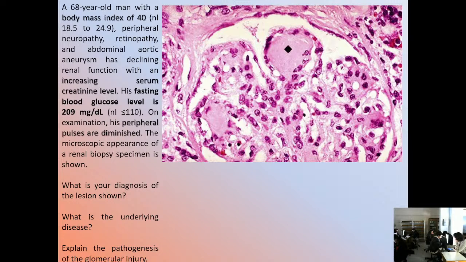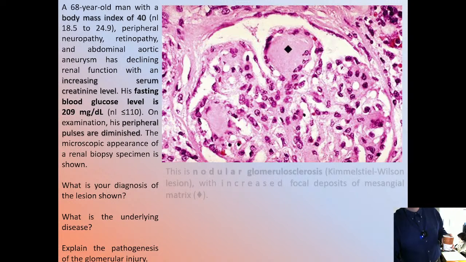However, they have a distinct configuration. In this diabetic patient, it's not always the case. And what is this configuration? When we see round structures, these are called nodules. So we have sclerotic nodules in the glomerulus of this diabetic patient, and this is the Kimmelstiel-Wilson nodule.